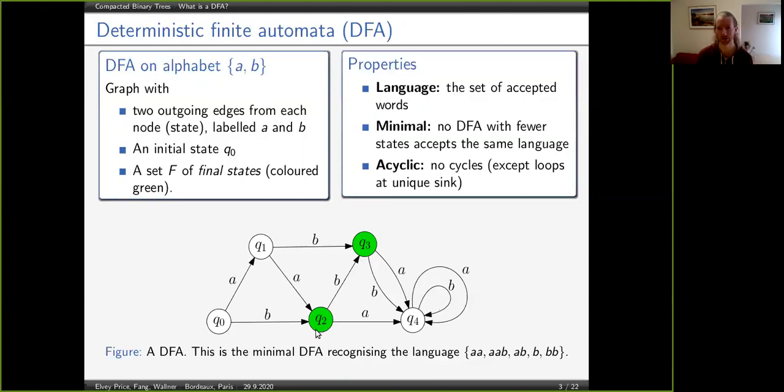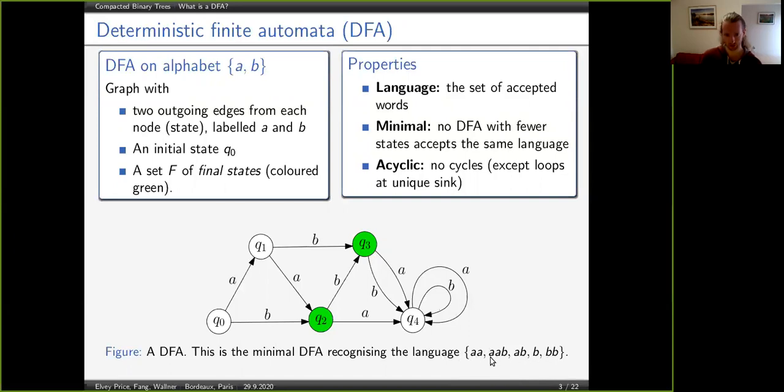So the point is that any such DFA defines a language, and in fact it's known that the languages that are recognized by DFAs are exactly the regular languages. Anyway, so in this case, this is the recognized language.